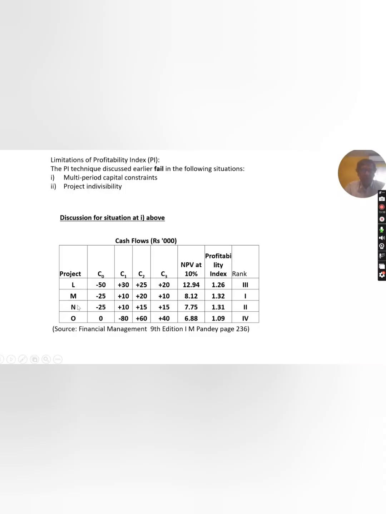Projects L, M, N, O. This is the initial investment, as I've already shown in my previous case. 50, 20, 25, all are in thousands. But for project O, there is also a scope, but in the initial year it cannot be implemented. In this problem, one more clause is given.